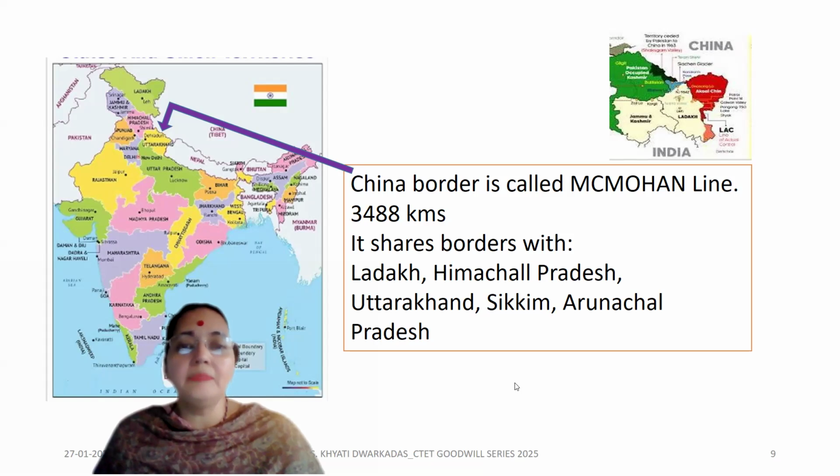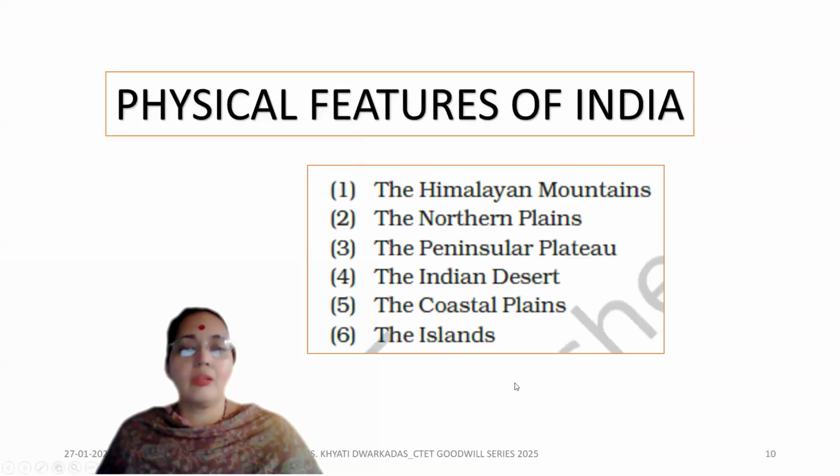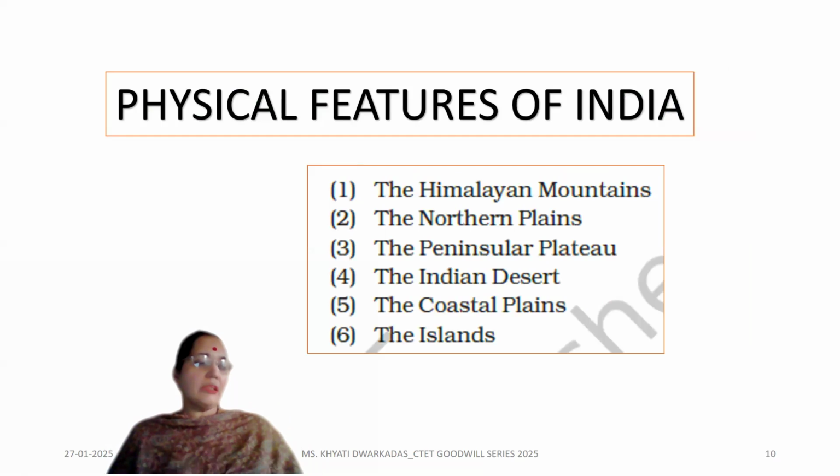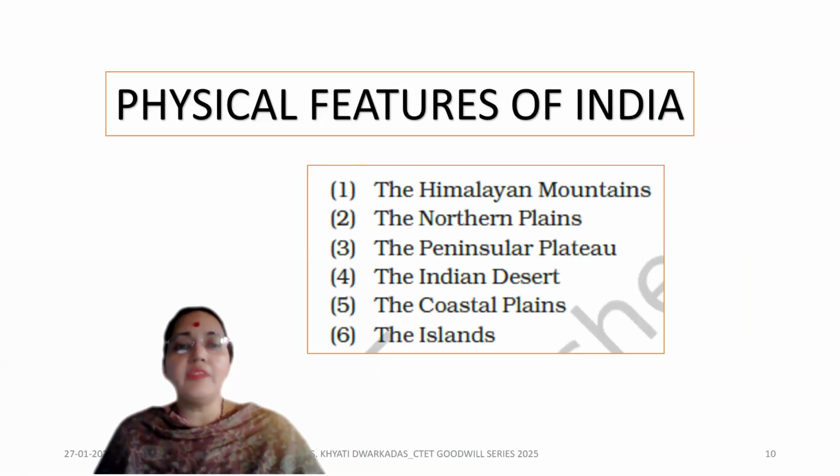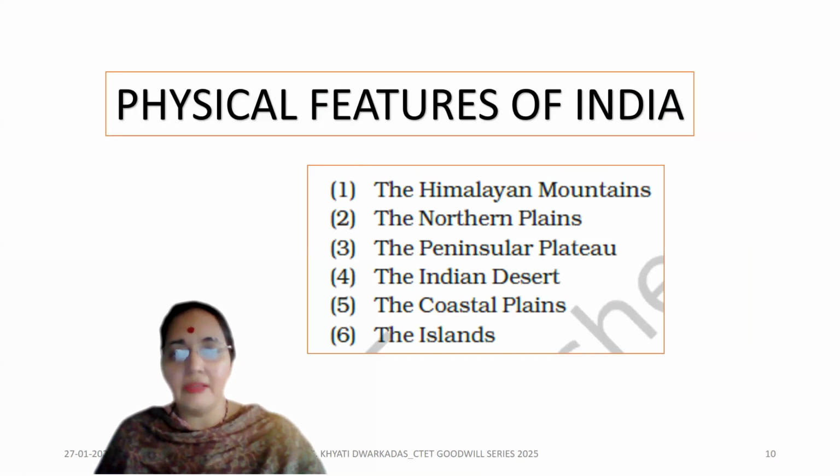So moving ahead, we will now discuss the physical features of India. Now, in the physical features of India, we are able to see the Himalayan mountains, the northern plains, the peninsular plateau, the Indian desert, the coastal plains, and the islands.